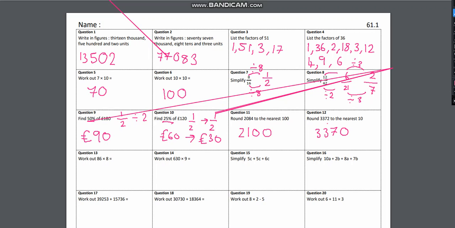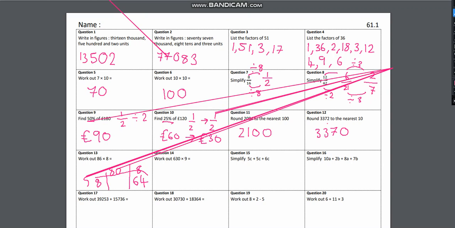Okay? Then it says work out 86 times 8. Okay, so what we're going to do here, we're going to split this up a little bit. We're going to have our 8 here, and then we're going to have our 80 here, and then we're going to have our 8 here. Okay, so that leaves us a little bit of an easier sum there, doesn't it? Okay, so we've got to do 8 times 8. So 8 times 8 is 64, so that's nice and easy.